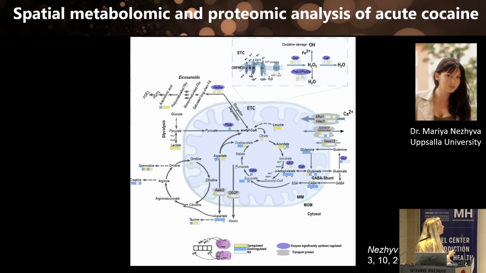But here spermidine and taurine go up in the majority of regions. So it might be some kind of a mechanism by which mitochondria is trying to cope with the oxidative stress that we see. Further, citrate is not elevated, but here we have lipogenesis.